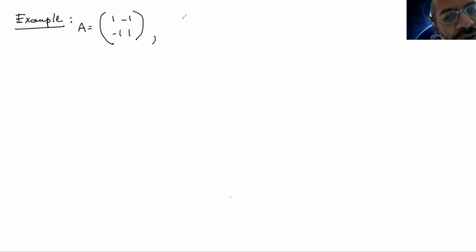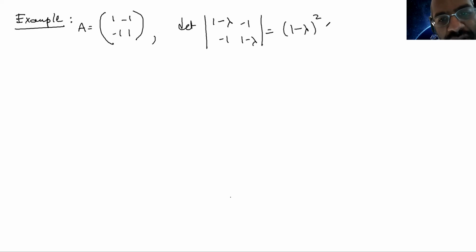What's its characteristic polynomial? Let's just compute it. This is 1 minus lambda squared minus 1, which is just lambda squared minus 2 lambda, which is lambda times lambda minus 2.